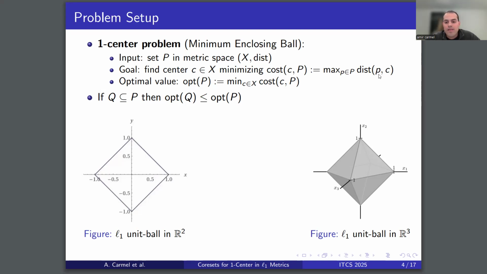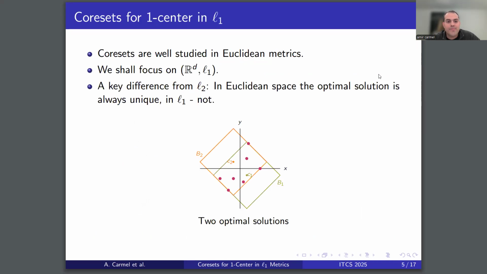In the figures below, we see an example of what balls look like in the L1 metric. They have this diamond shape, and in high dimension, this is known as the cross polytope. Coresets are well studied in the Euclidean metric, but in our work, we will focus on the L1 metric. The key difference between L1 and L2 is that in L2, the optimal solution is always unique, and in L1, this is not necessarily the case.